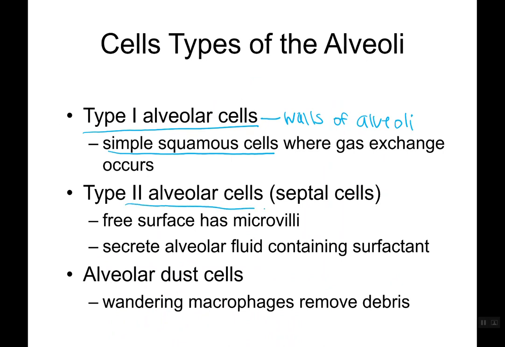Type 2 alveolar cells are also called septal cells, and these ones are covered on the free surface by microvilli, and they secrete that surfactant that helps you to inflate your lungs and resist the surface tension of water. And the wandering macrophages are also called alveolar dust cells because dealing with dust is kind of their primary job.